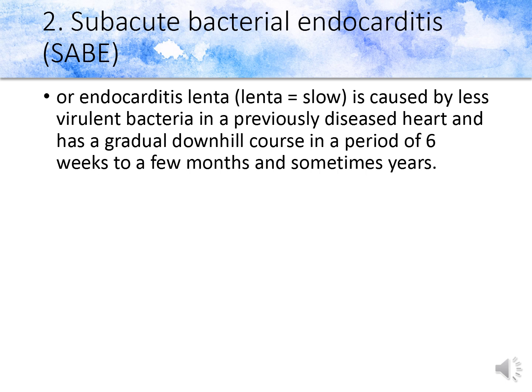Subacute bacterial endocarditis, or endocarditis lenta, lenta in Latin means slow, is caused by less virulent bacteria in a previously diseased heart and has a gradual downhill course in a period of 6 weeks to a few months and sometimes years.